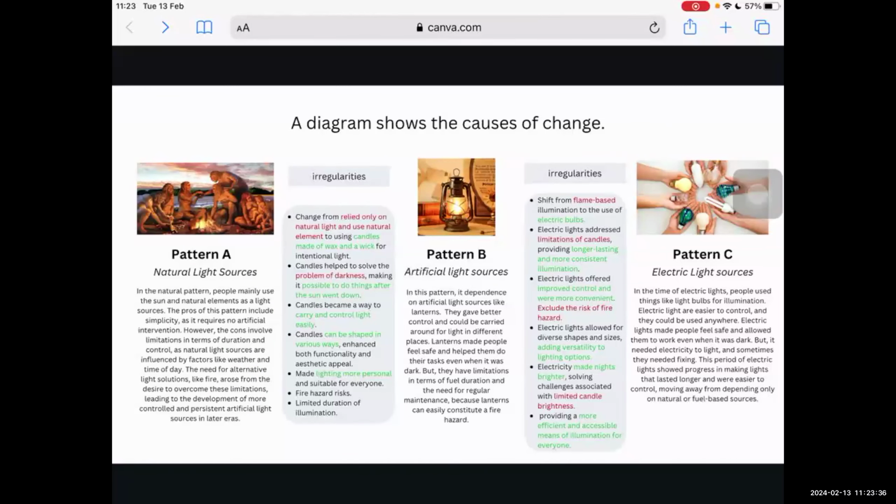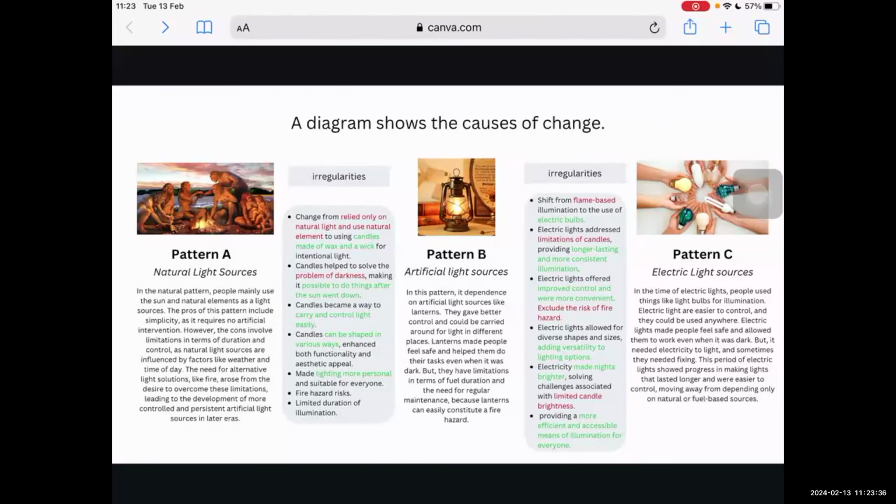But pattern B is more convenient to carry around, it can be lit anywhere and whenever you want, and it can light when it's dark. Still, pattern B has a limitation of time, and people want a longer duration of light.